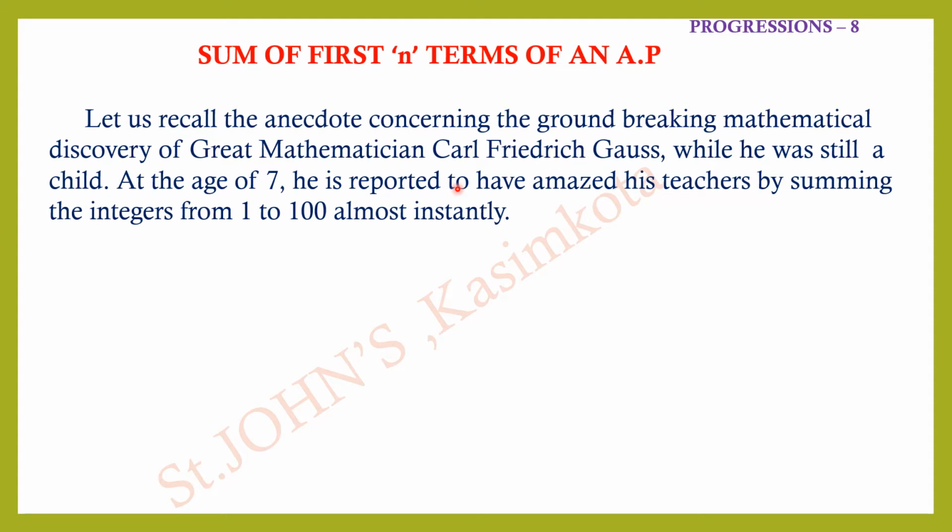Carl Friedrich Gauss was a great mathematician even in his school life. His teacher gave one question: find the sum of 100 terms. Gauss wrote it in a short form, which is very amazing. This is how he did it.